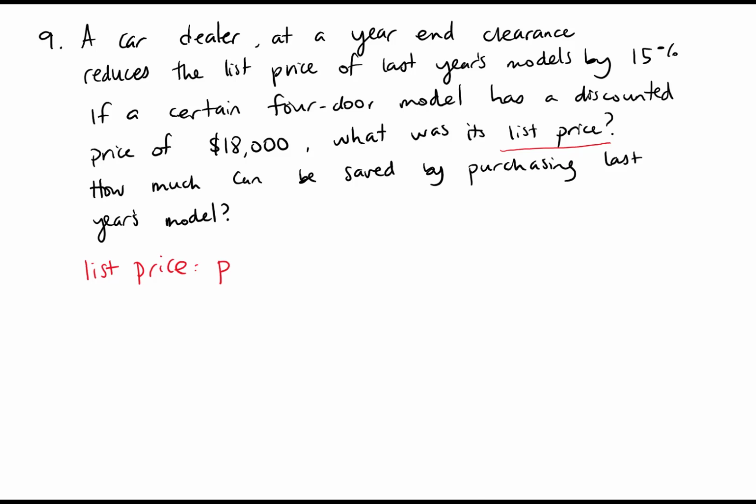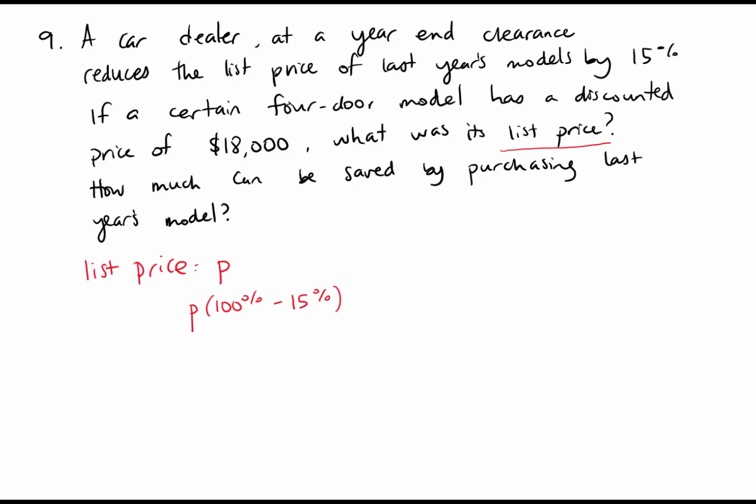Now, reading the problem, it says that the list price was reduced by 15%. And so it starts off at 100% and it gets reduced by 15%. And so the discounted price is $18,000. So you say, if I take away 15%, you're going to have 100% minus 15%.